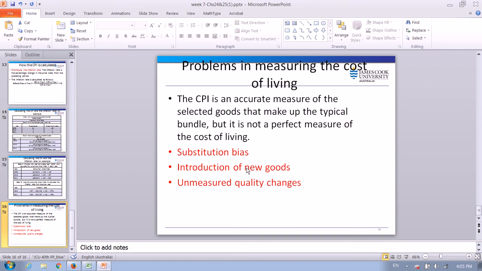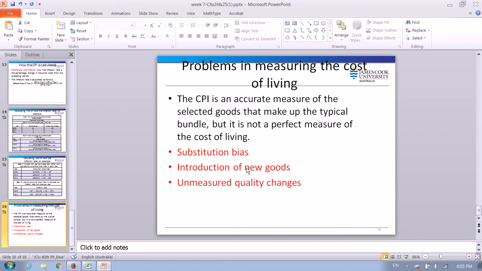Alright, you want to be aware of problems in measuring the cost of living by CPI. So the CPI is an accurate measure of the selected goods that make up the typical bundle, but it's not a perfect measure. There could be substitution bias.